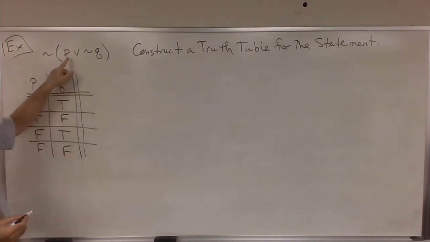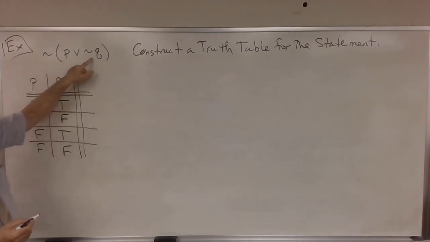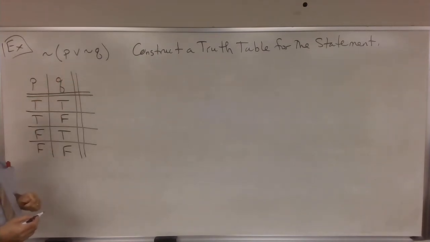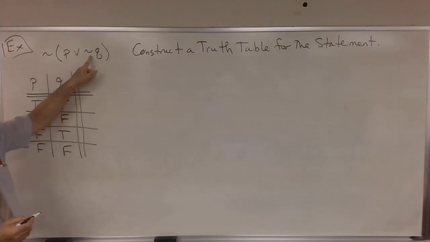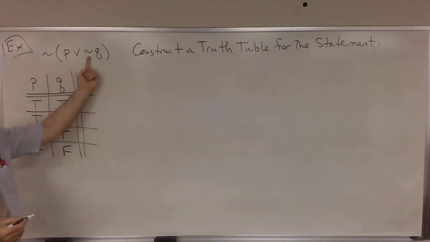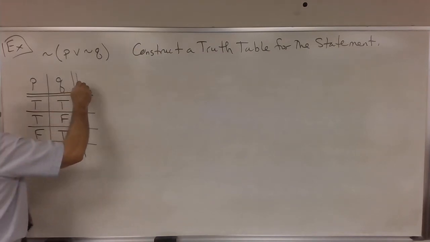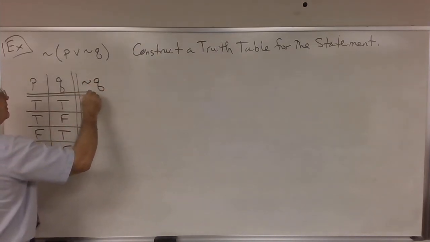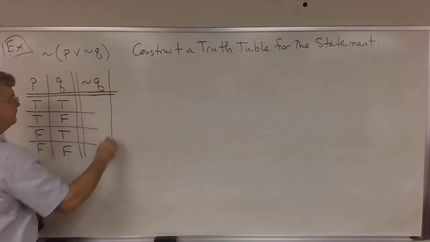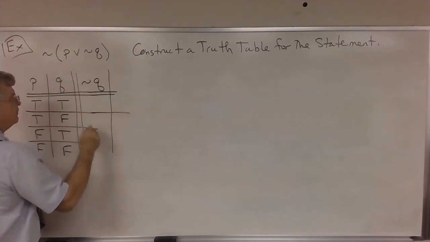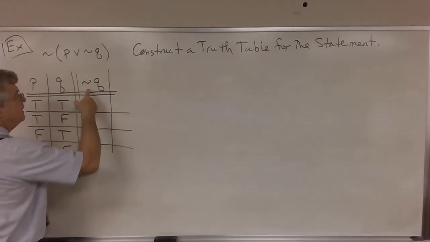And before I can do the truth values for P or not Q, I guess I need the truth values for not Q. So it looks like the first thing I need to do is get the truth values for not Q, the negation of Q. So I'll form a special column for the statement not Q.